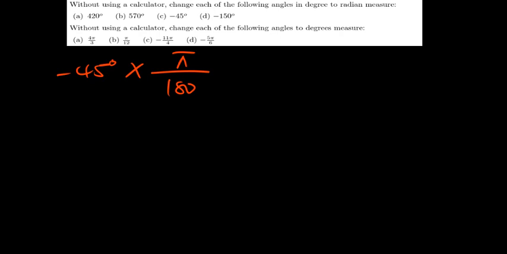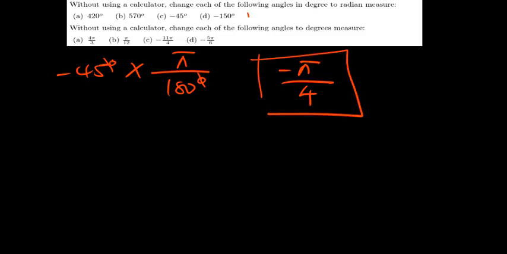So degrees and degrees will go. A number that can go into these is 45. 45 into 45 is 1, so it will be negative pi over 4, since 45 into 180 is 4. So this becomes my answer. Go ahead and answer part D, and I'll be waiting for the answer. When you're putting the answer, you have to put part D, then you tell me the answer.